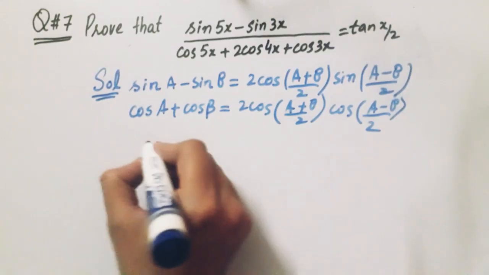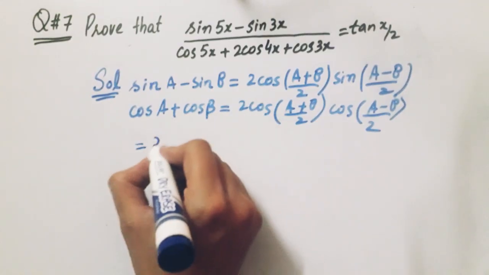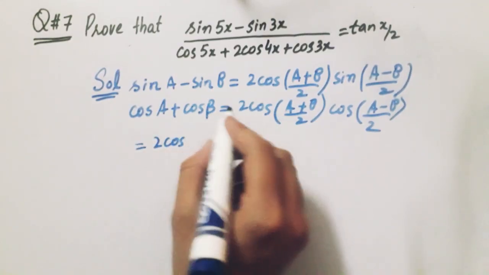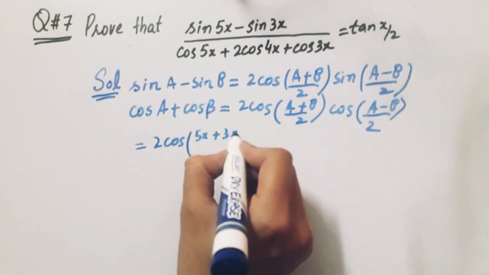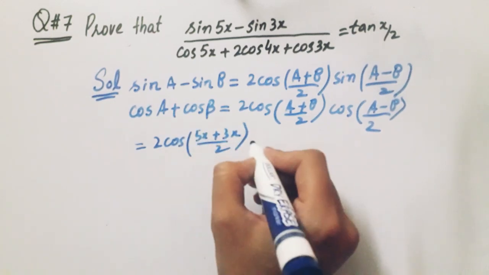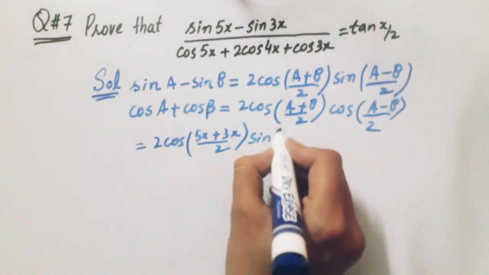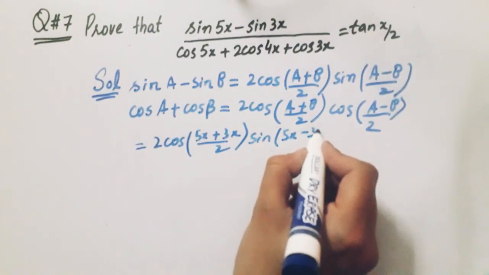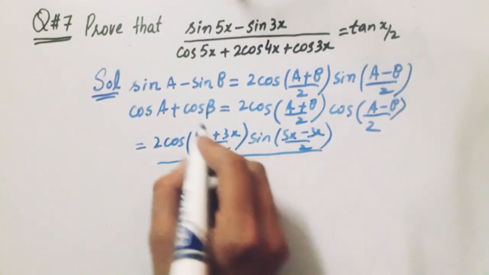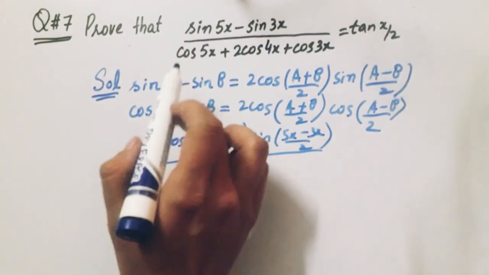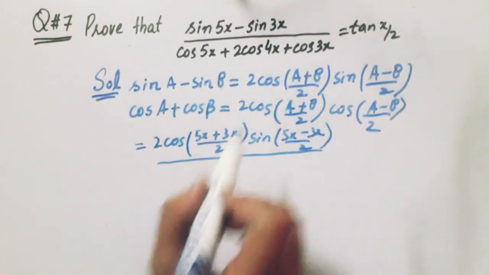So in the left hand side you will apply 2 cos 5x plus 3x divided by 2 and sine 5x minus 3x divided by 2. And in the denominator you will apply the formula on cos 5x and cos 3x.